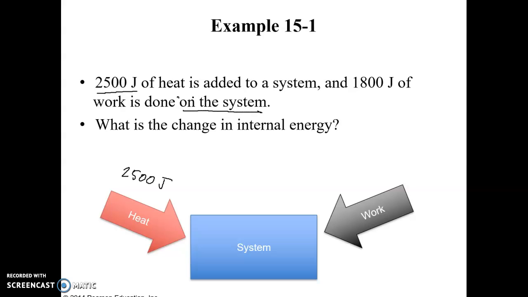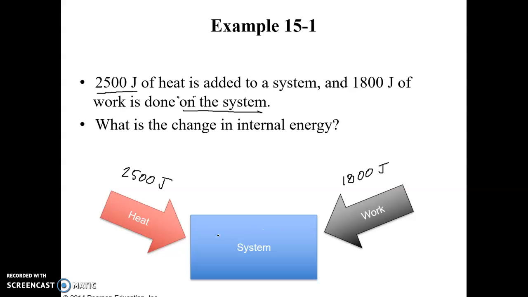Notice it's on the system, not by the system. The system isn't doing work on something else. The work is also going into the system. So in this case, we're not using heat to do work. We're putting heat into the system and we're putting work into the system.